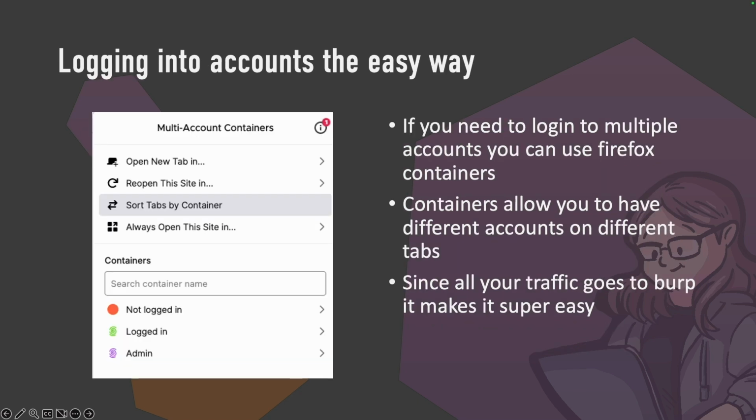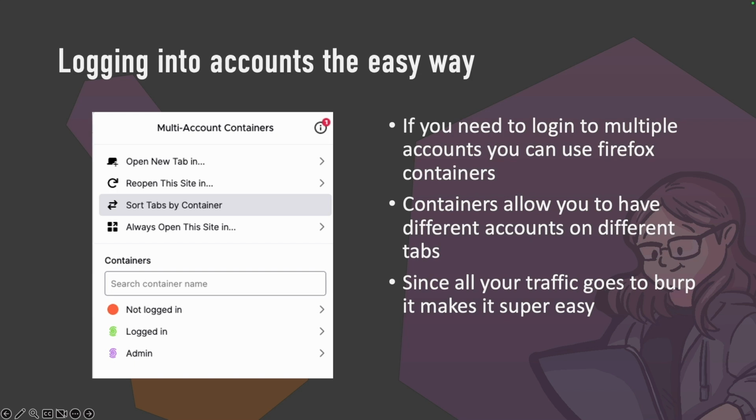Now, when I talked about Burp last week, we looked at account containers. This is, I think, the really easy way of doing things. And actually, somebody pointed out, I'm going to leave this in the description, you can access this Burp add-on that will match your Firefox multi-account containers to your Burp, so you can see different colors to show when you've logged into each account, which is really helpful.